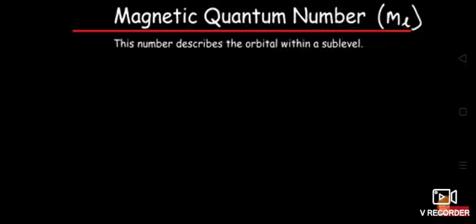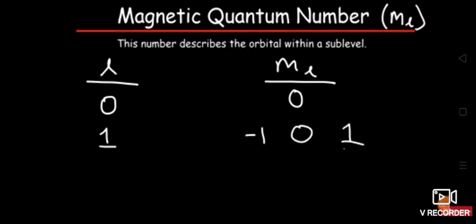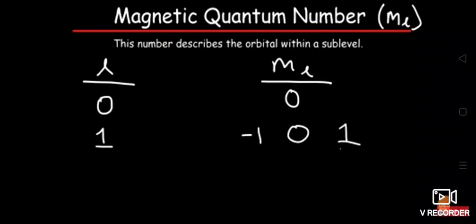The letter denoting the magnetic quantum number is ML. So if you see the magnetic quantum number, if L is equal to 0, what is the magnetic quantum number? 0. If L is equal to 1, then what is the magnetic quantum number? -1, 0 and 1.